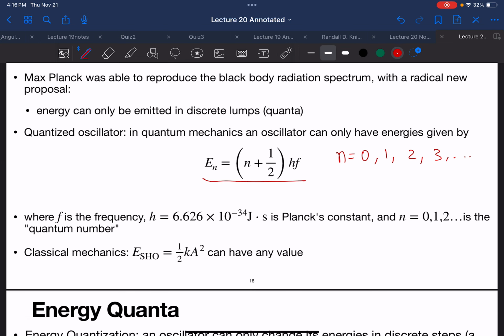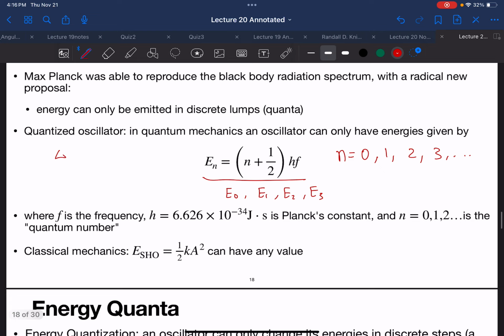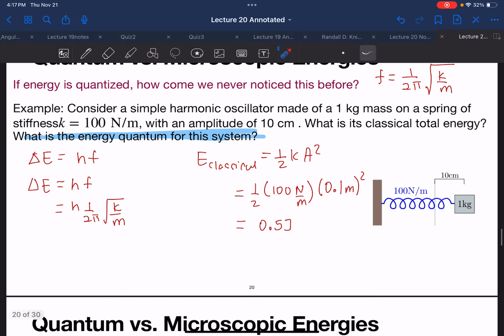If you were to write E0, E1, E2, E3, your energy quantum is a delta E, which can be calculated by doing E1 minus E0, or you can do E2 minus E1, etc. They all have the same difference between the steps. If you take any two consecutive energy levels and take a difference, that is the energy quantum. So let's calculate that.